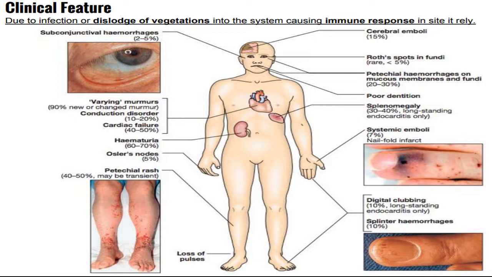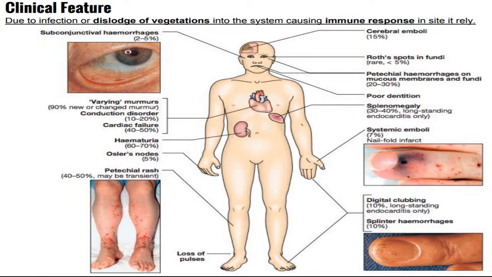Conduction disorders of the heart, meaning you will see abnormality in the ECG, PR interval prolongation, poor propagation of QRS complexes, decreased amplitude of QRS complexes, or presence of Q waves. Cardiac failure is seen in 40 to 50% of cases, hematuria in 60 to 70% of cases.